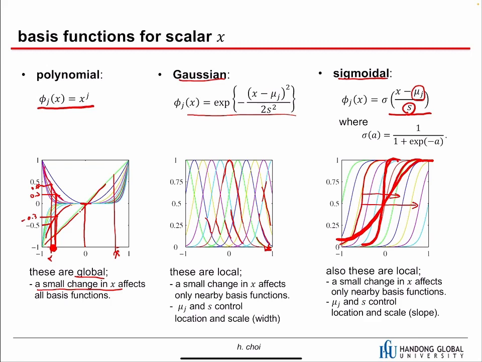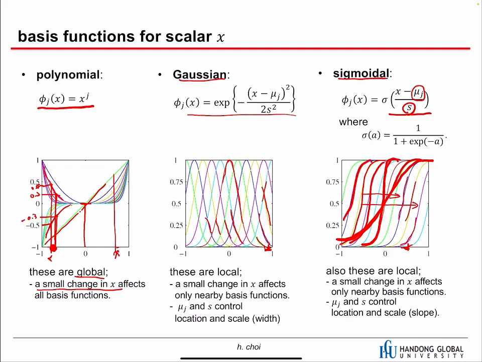And sigmoidal functions are local too. So when the x is around here, for example, then these functions will be affected by this change. But this purple one will not be affected by this change.